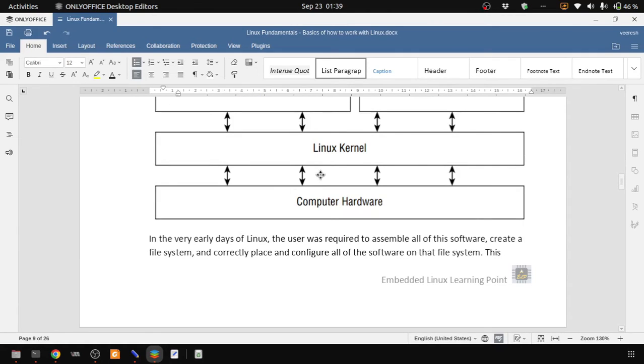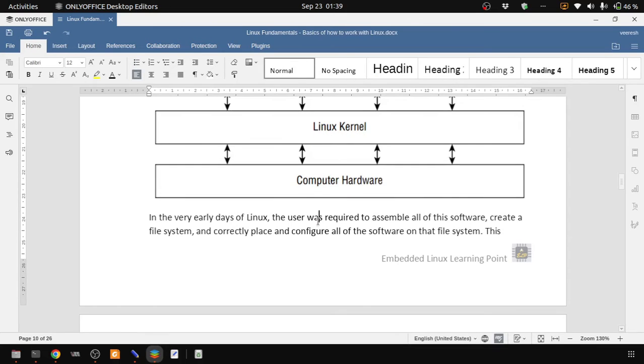But with Linux, since it is so customizable, you can build a Linux of your own. You can build your own Linux distribution. If you see my other channel, where I have done Linux from scratch, I built a complete Linux operating system, of course a very basic one that I can interact with through just the command line.